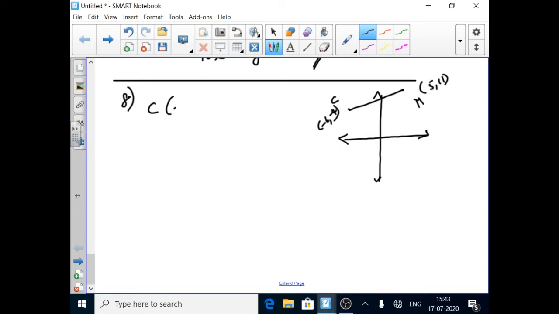So C of minus 6, minus 4 is the position of the cat.